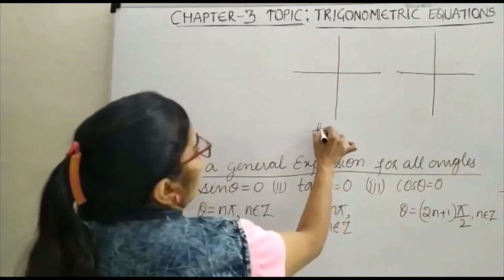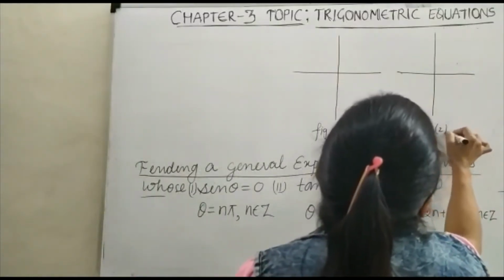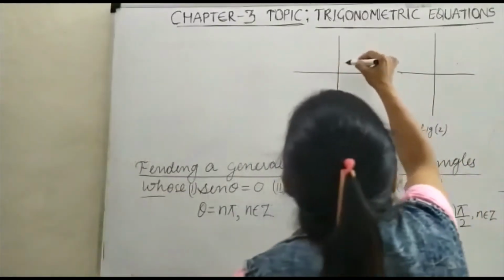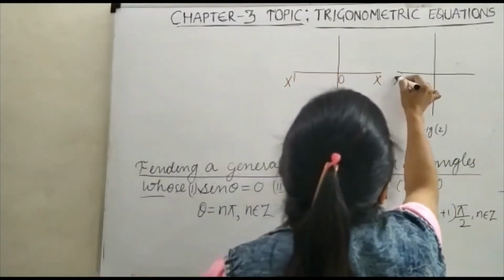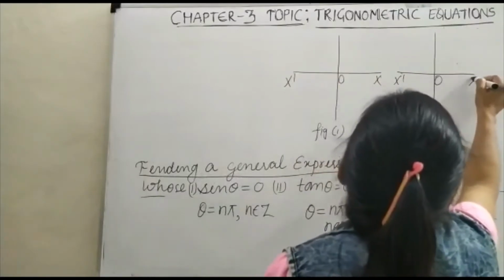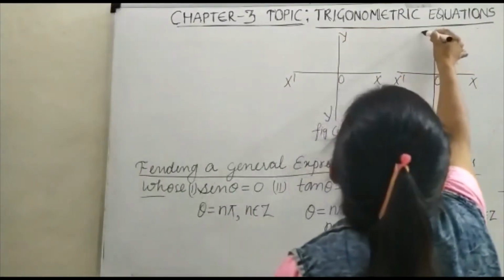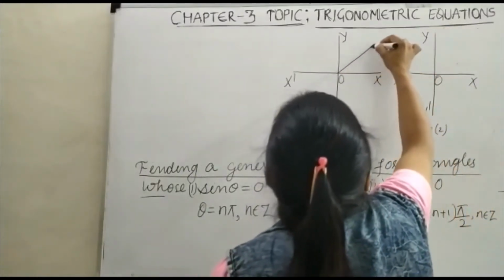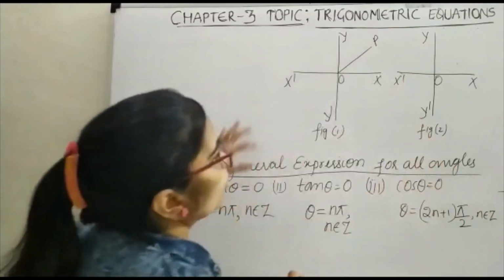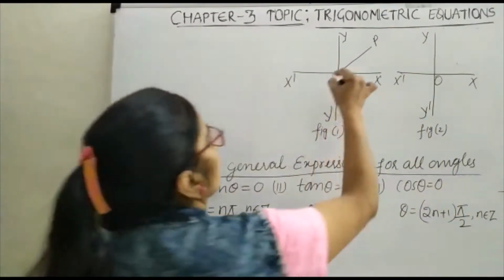We have two figures here, figure 1 and figure number 2. This is X dash O X, the same here X dash O X, and here it is Y, Y dash. This is a revolving line OP which starts from OX making an angle theta.